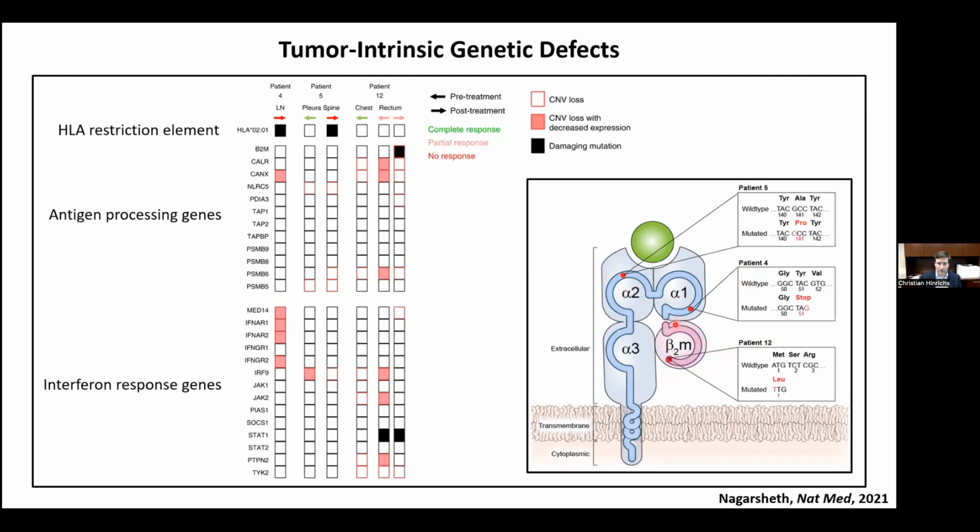So these are smoking gun molecular defects that confer resistance to our therapy specifically, but also likely to other immunotherapies, and in particular loss of beta-2 microglobulin would make this tumor completely invisible to any T-cell based approach.